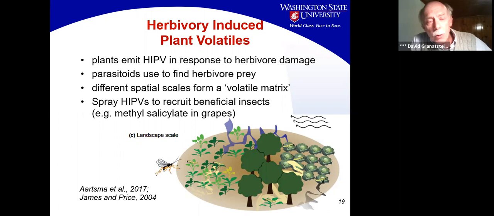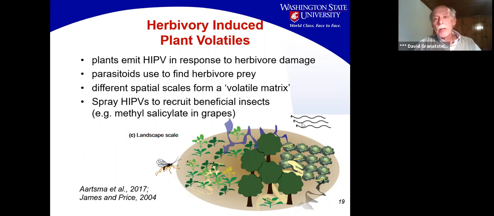Here's another one. Some work was done here in Wenatchee and in Prosser. The fact that when plants are attacked by insects that chew on their leaves, it does trigger a chemical response. And many plants release these volatile chemicals that then drift out and move around the agroecosystem.